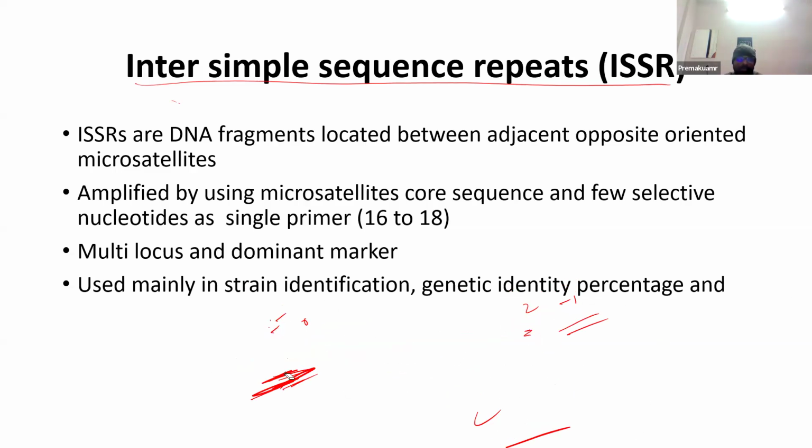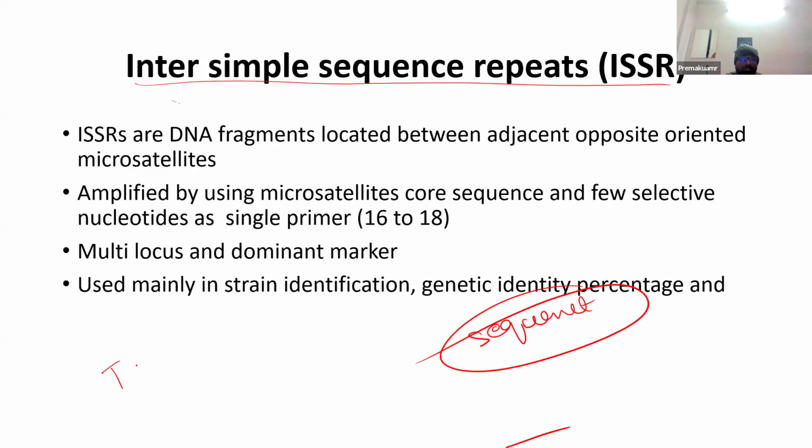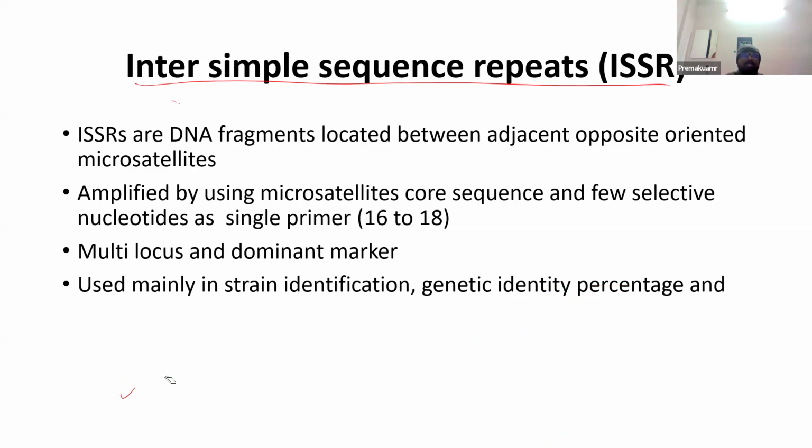For designing an SSR marker, we need a primer and sequence information. For designing an ISSR marker, we do not need sequence information. Why is it so? Because you are randomly designing the primer.